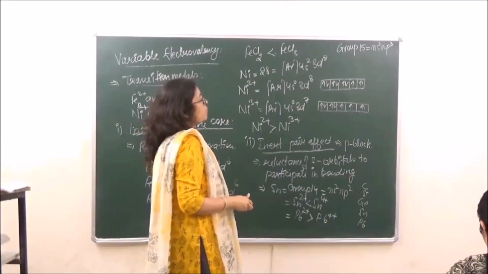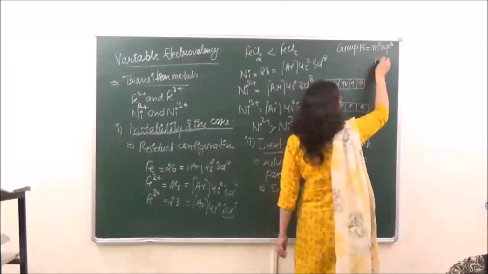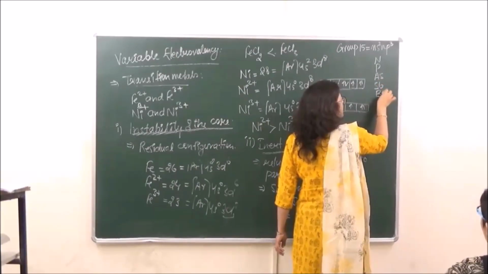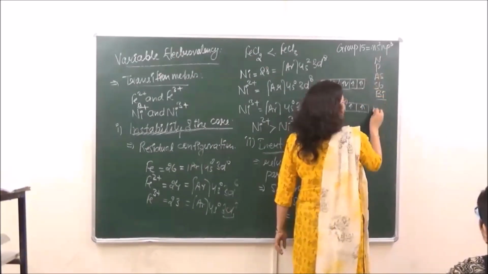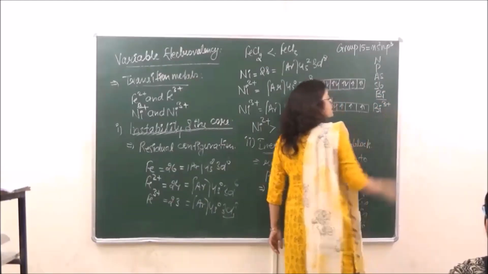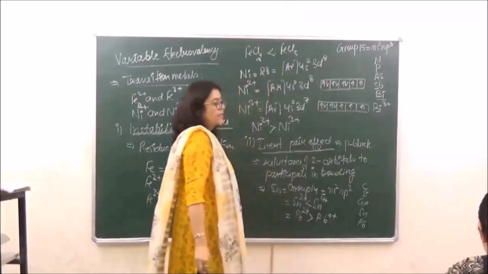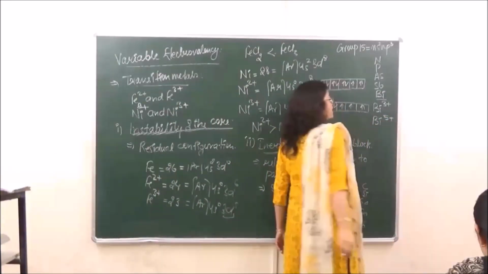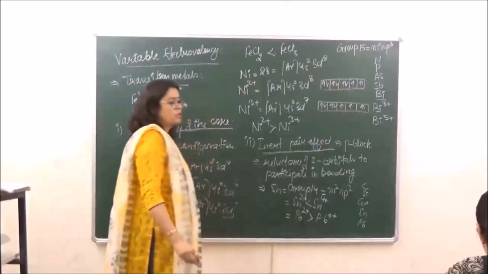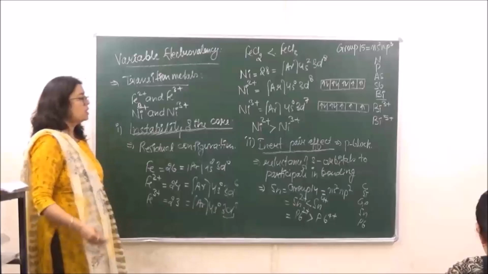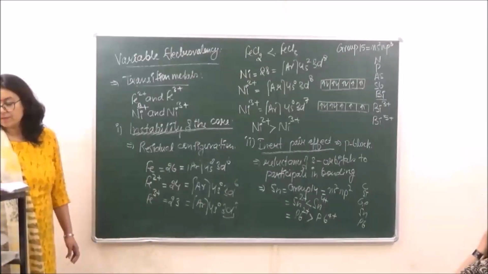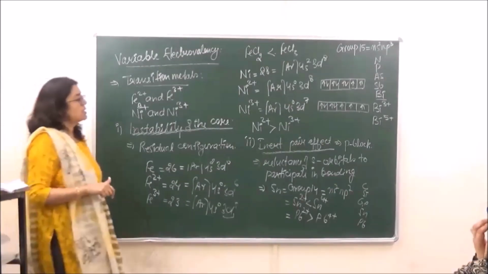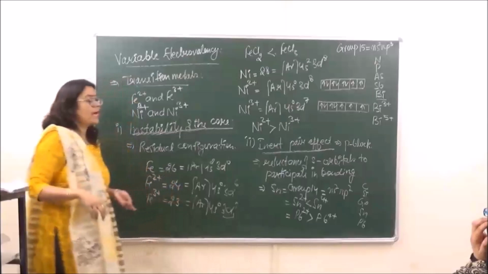As we keep going down the group, which consists of nitrogen, phosphorus, arsenic, antimony and bismuth, in case of bismuth, the Bi3+ state is going to be more stable than Bi5+, because it will give us a variable valency of 3+ and 5+. So this is what the inert pair effect is. Clear?